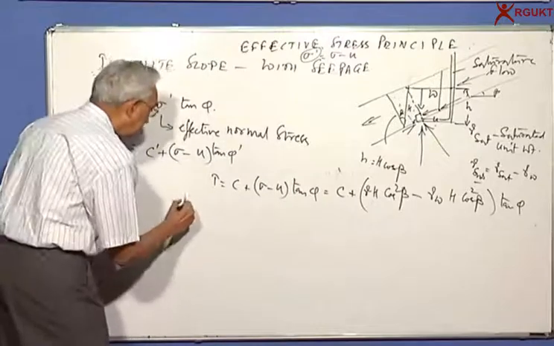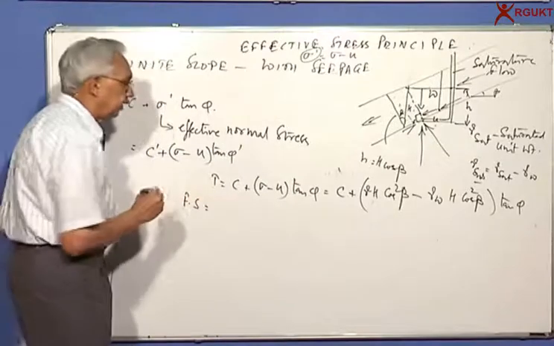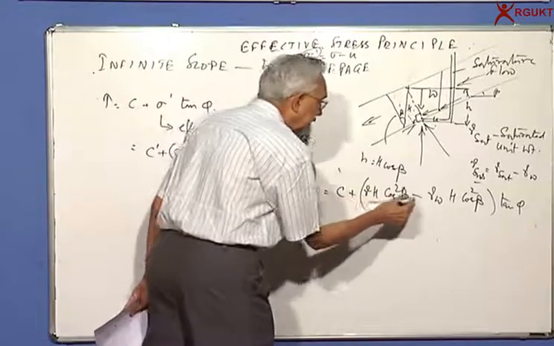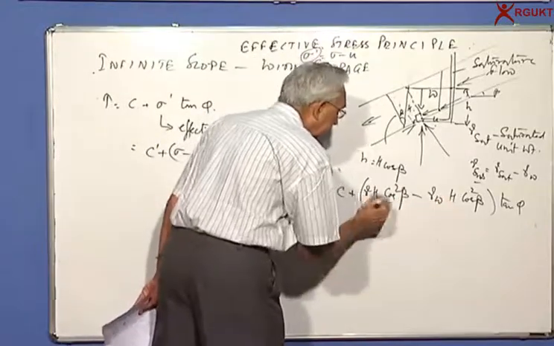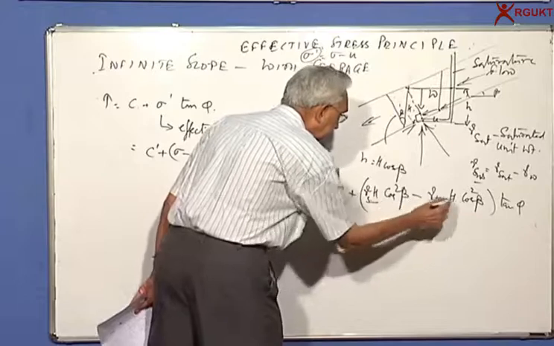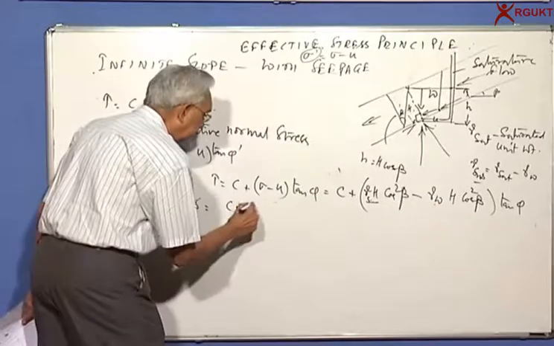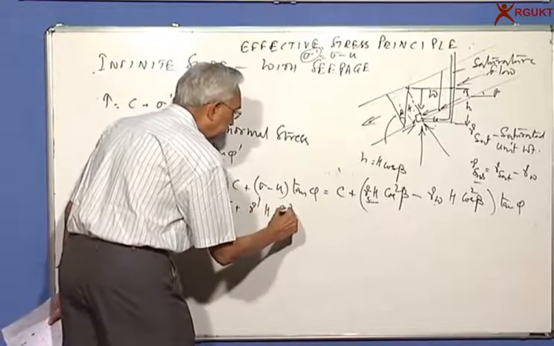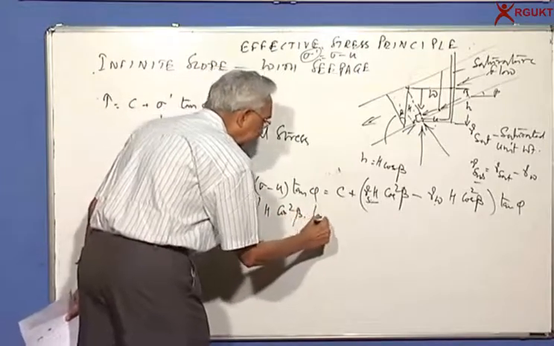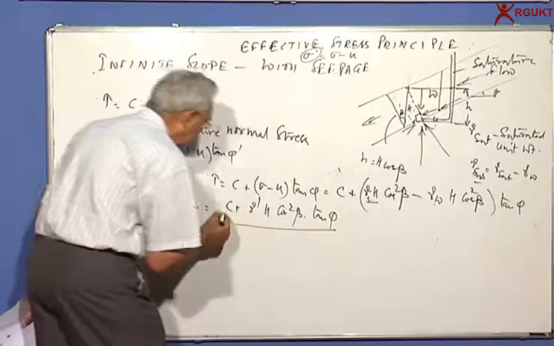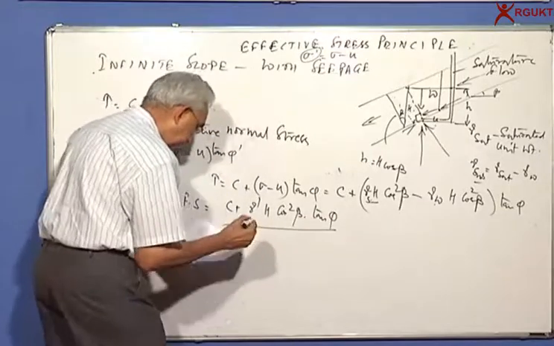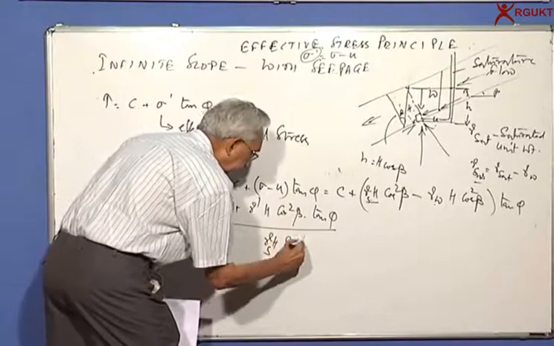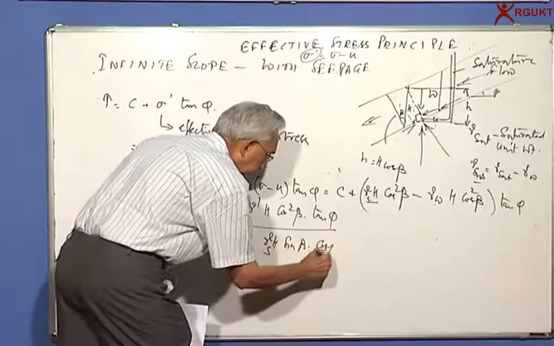So if I now want to calculate the factor of safety, it will be equal to C plus, I can say gamma saturated h minus gamma w into h, that gives me gamma prime h cos square beta into tan phi, divided by the shear stress mobilized, which is equal to gamma saturated sin beta into cos beta.